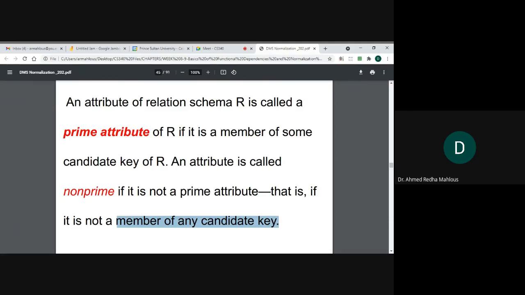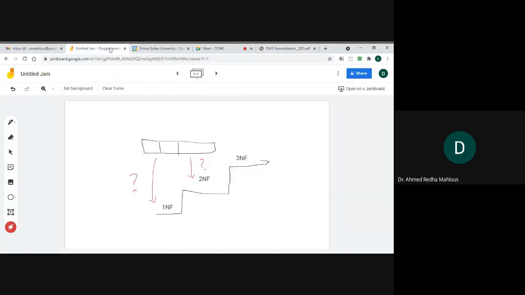Now this is a very important concept. If an attribute is a member of a candidate key, it is a prime attribute, like we did last time. For instance, the candidate keys for the car relation can be the number plate and also the chassis number. These two attributes can be considered as primary key, which is why we call them candidate keys.